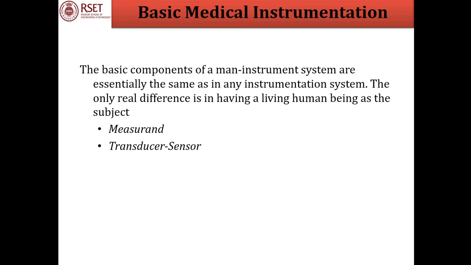In a man instrument system, a transducer is used to produce an electrical signal that is an analog of the phenomenon being measured. The transducer may measure temperature, pressure, flow, or any other such variables that can be found in the human body. But the output will be an electrical signal.